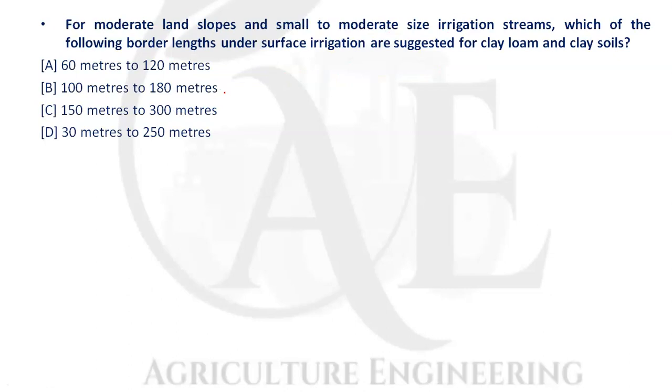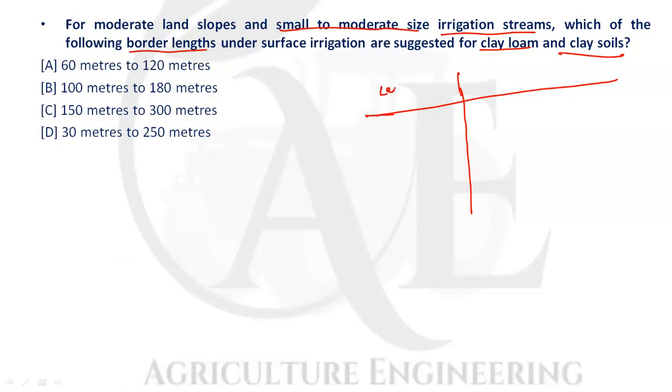Next question: for moderate land slopes and small to moderate size irrigation streams, which of the following border lengths under surface irrigation are suggested for clay loam and clay soils? First, note down the table: border length against types of soil.